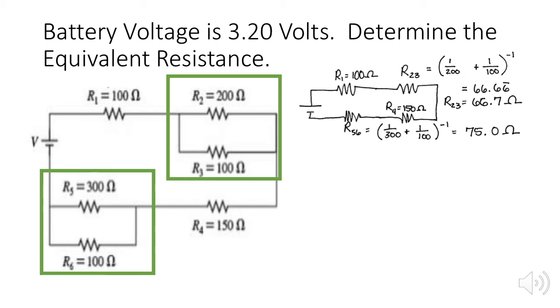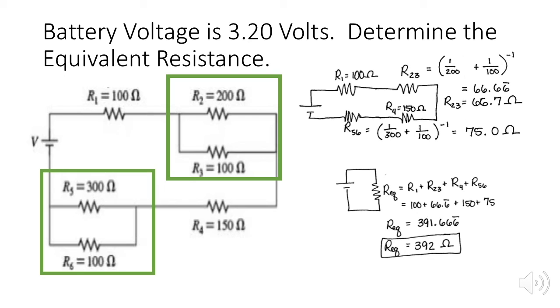Then we now have resistors 1, 2, 3, 4, and 5, 6, which are combined in series. So combining those in series into a single R_eq means we can just simply add them together, which will give us a total resistance that is rounded to 392 ohms.